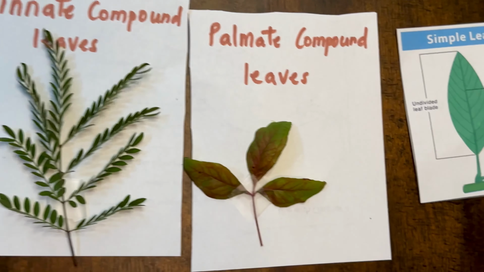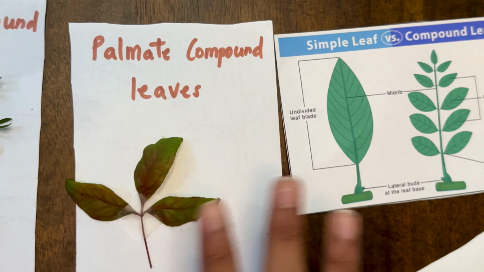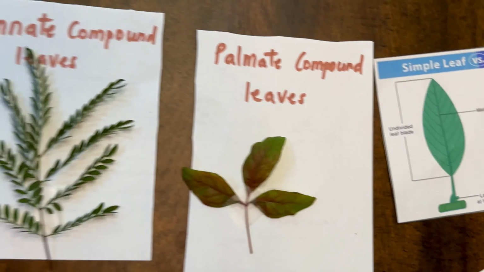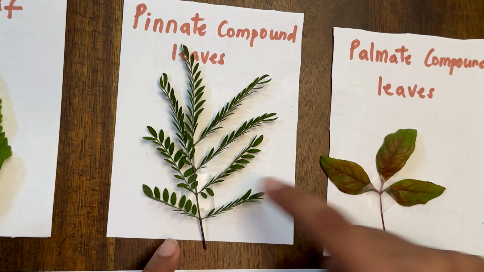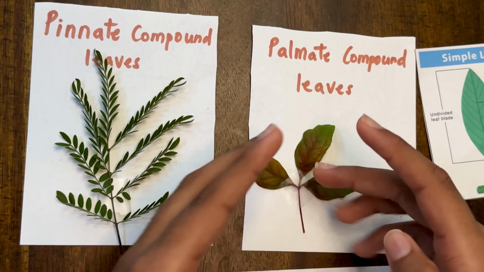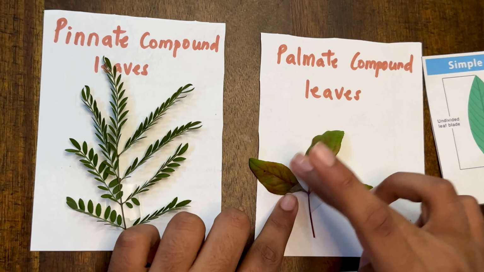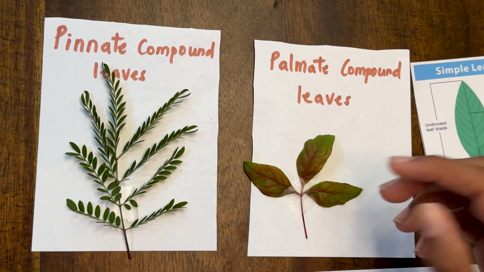Lastly, we have palmate compound leaves, which, as you can see, kind of look like a hand, like these three fingers. Unlike pinnate compound leaves, where the leaflets attach along a miniature stem, they have a single point from which the leaflets extend out. This is called the rachis, and this point supports three or more leaflets.